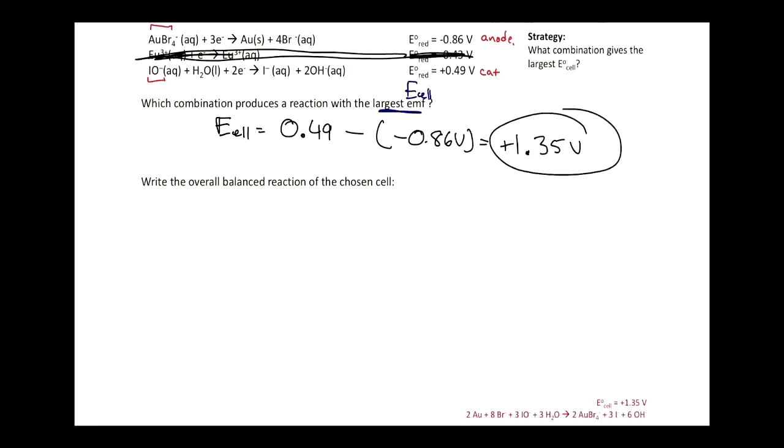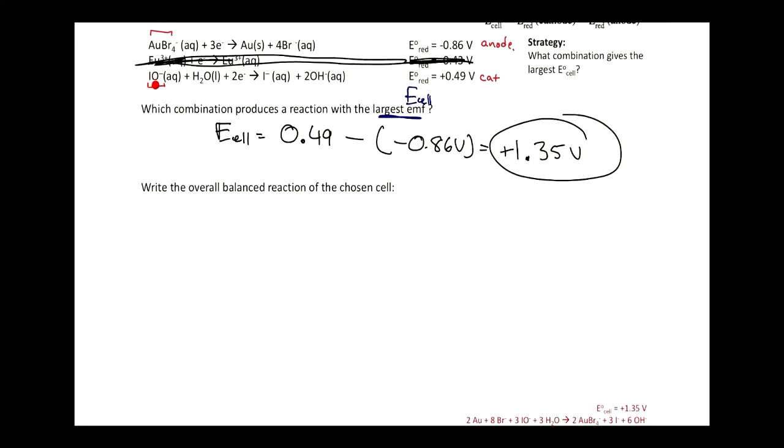So we want this IO minus reaction to be our cathode and the gold bromide to be our anode. We've identified the cathode and the anode, but notice that both of these reactions are written as reduction half reactions. So to write the overall balanced equation, which includes a reduction and an oxidation, we have to flip one of the reactions.